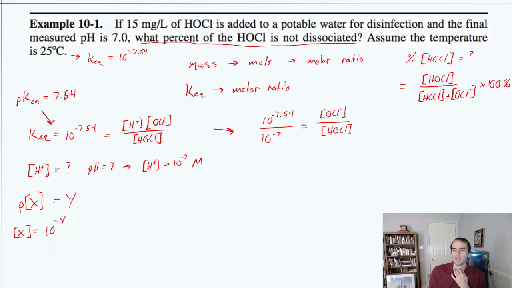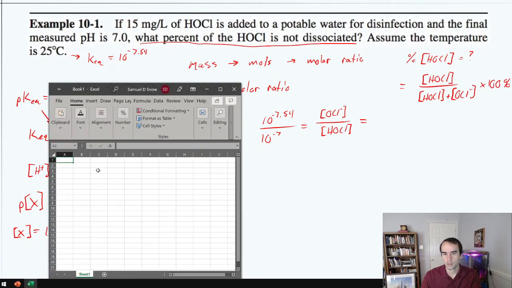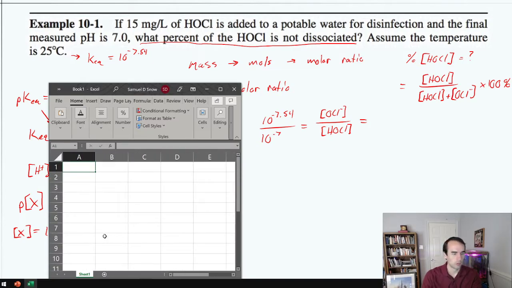So we're getting close, and we could go ahead and solve for that if we wanted to. I guess we'll go ahead and get that number written here just because. I'm going to do it in Excel just to be sure that I'm doing it right. So let's just go ahead and write it out.